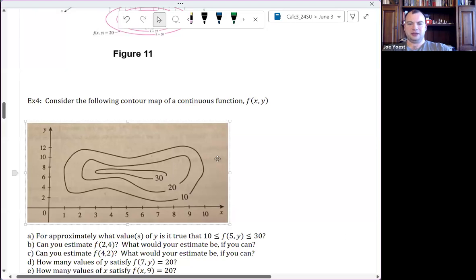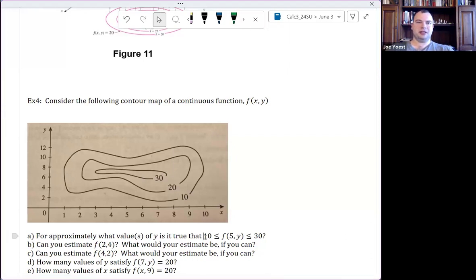So I might have something like this that I would call a contour map. And I'm sure you've seen these before with maps, where they're trying to show you where mountainous areas or valleys are. You might have seen contour maps like this in that setting.